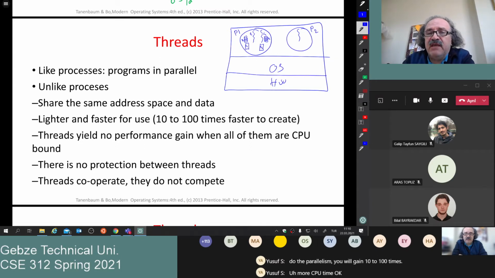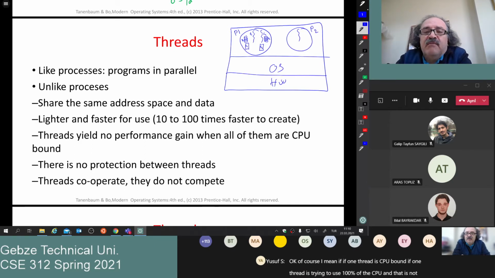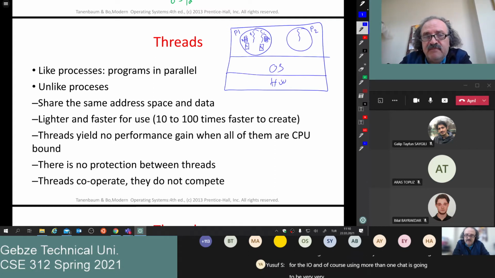So they are 100 times faster to initialize. Of course, if one thread is CPU bound, if one thread is trying to use 100% of the CPU, then there is not going to be much gain. But if a thread spends maybe 80% of its time waiting for I/O, then of course using more than one thread is going to be very, very efficient.